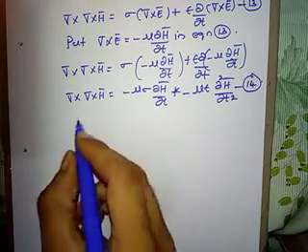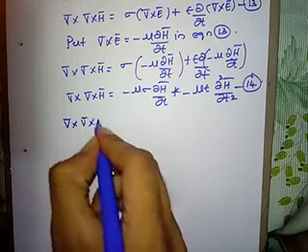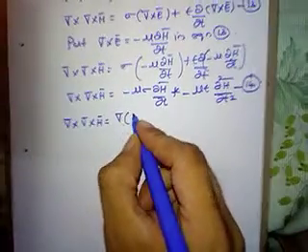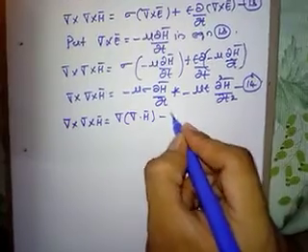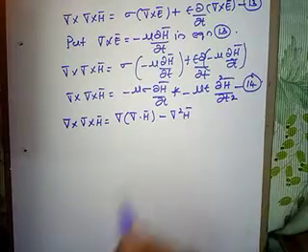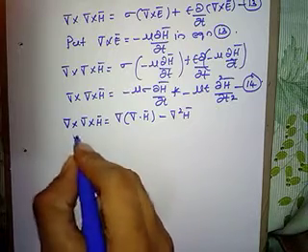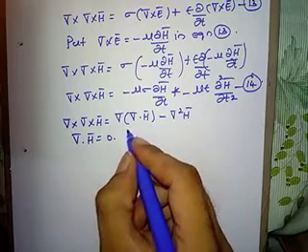Again consider the vector identity: del cross del cross H bar is equal to del dot H bar minus del square H bar, the same vector identity that we considered previously. Now substitute del dot H bar equal to 0 from equation 3.